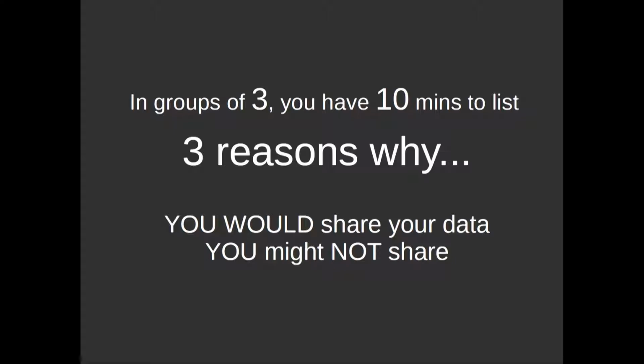Should we go back? Okay, I think this is something that applies to any kind of data. And I think this is an interesting reason because it can be something that would make you share your data at the same time as it might make you not share your data. Excellent. The reason is that if you're not sure of your data, if you're not certain, in some sense it would make you want to share your data because you want the input of other people to tell you, I'm not completely sure about this, I would like input from people, maybe they have similar experiences and they would like to share.